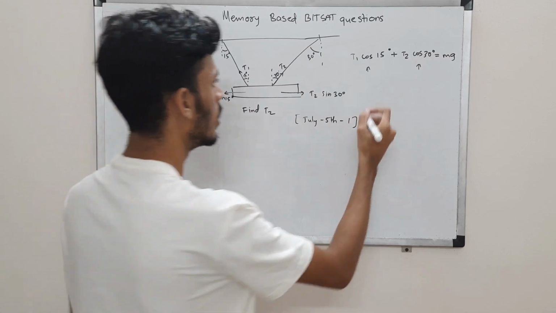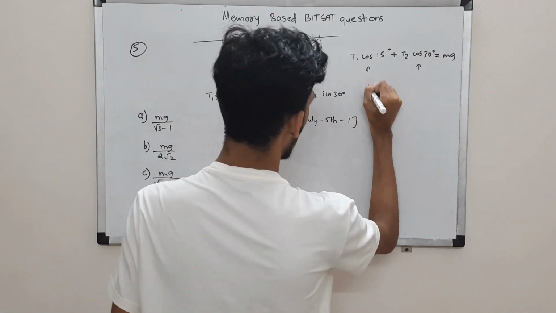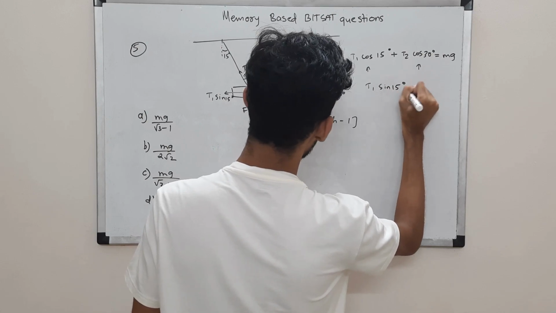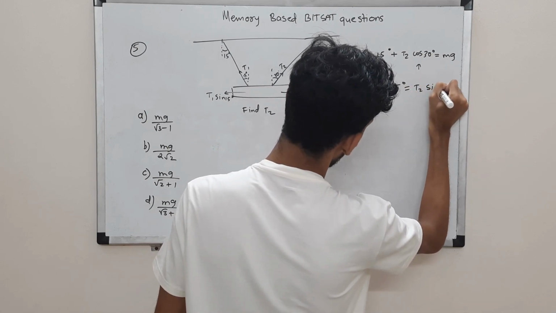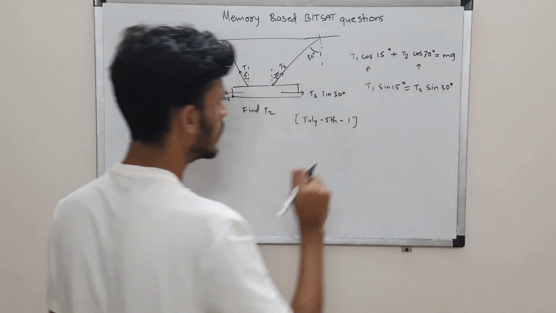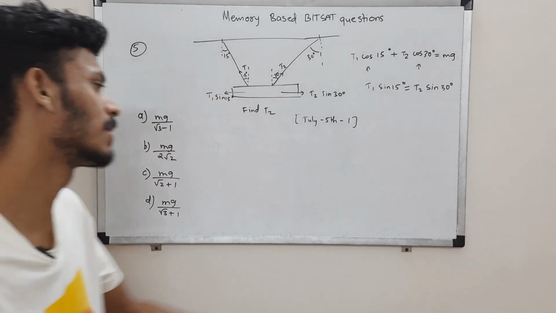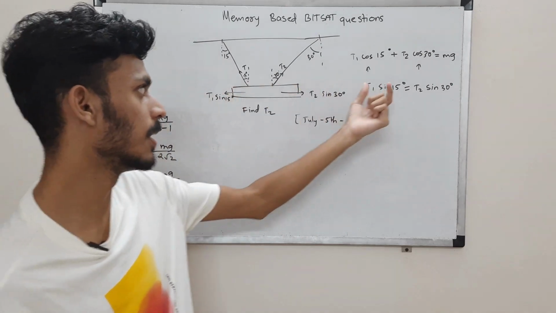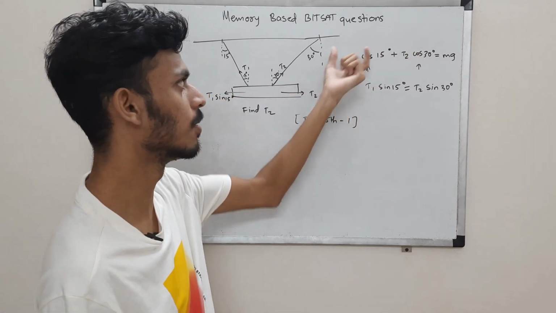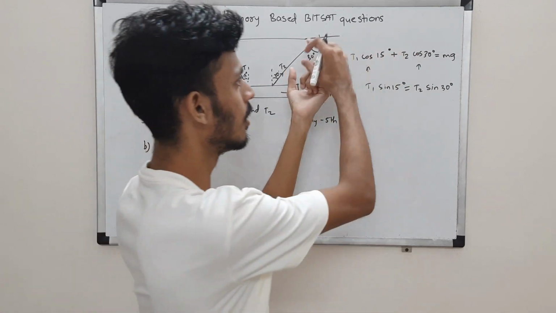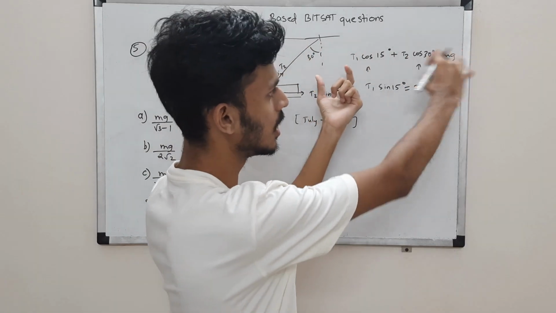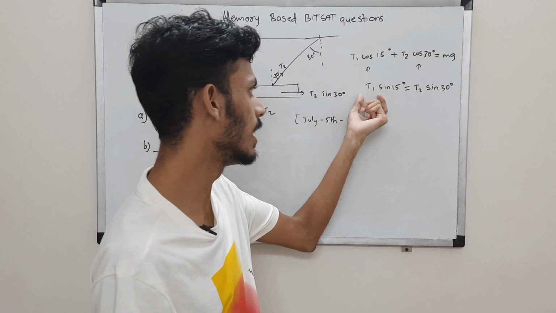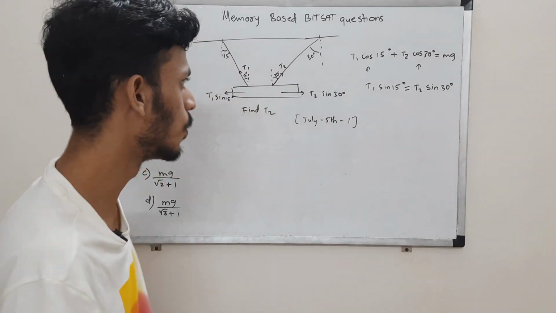So these two components will cancel out each other. So T1 sine 15 is equal to T2 sine 30, okay. Now our first objective is to express this T1 in terms of T2, okay. So you can replace this T1 over here in terms of T2. Finally we'll have an equation of T2 and mg, then we can easily find T2, right.